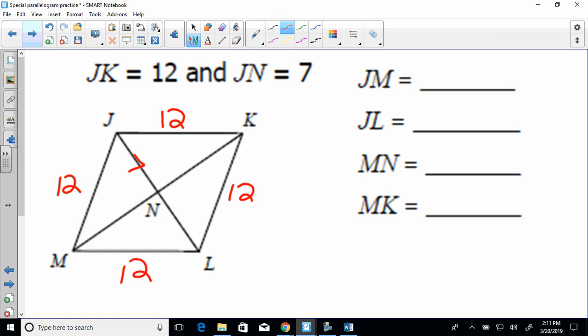So they're asking me for JM. JM is 12. And then for JL, if JN is 7, then that makes NL also 7. So then JL will be the sum of them both, which is 14.